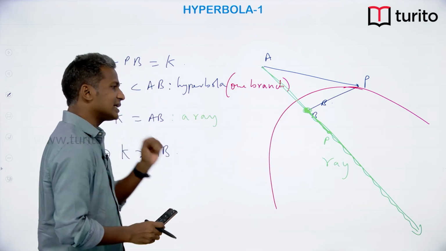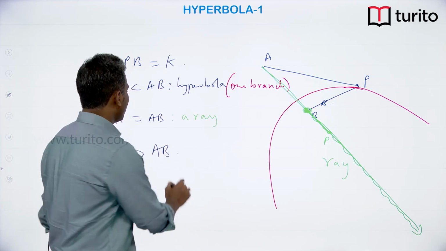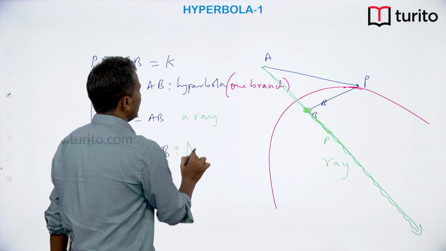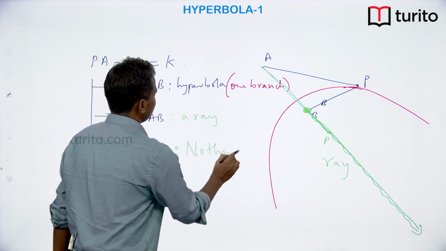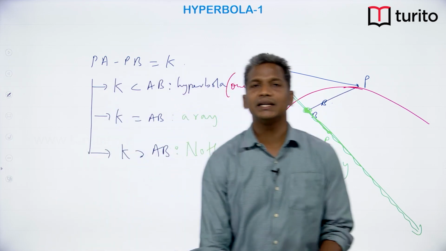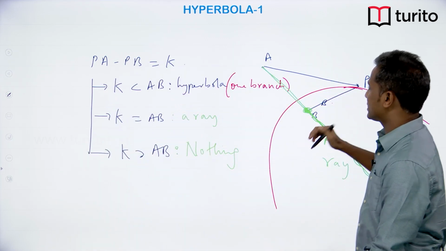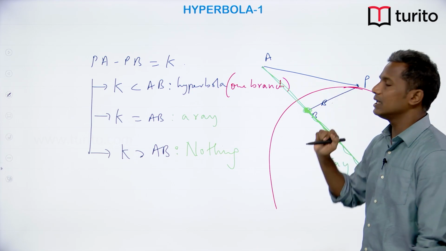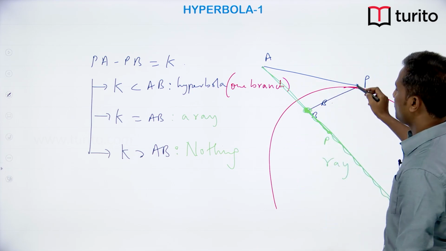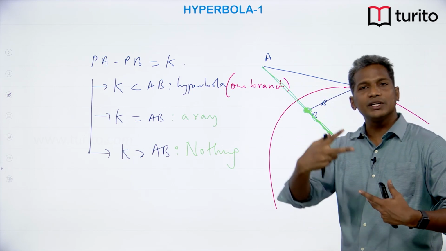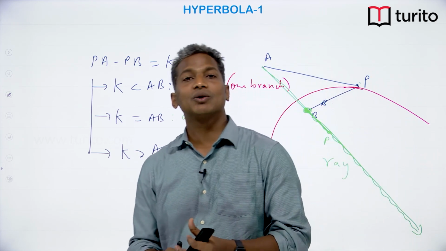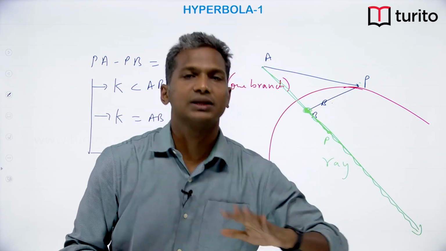Now if K is greater than AB, we will get nothing. Why do we get nothing here? Because here we can understand that P forms a triangle with A and B. So PA minus PB, that is the difference of two sides, must always be less than the third side.